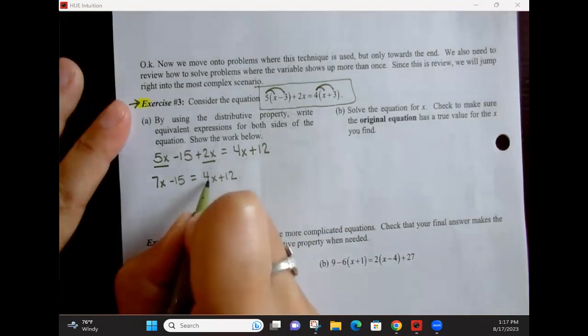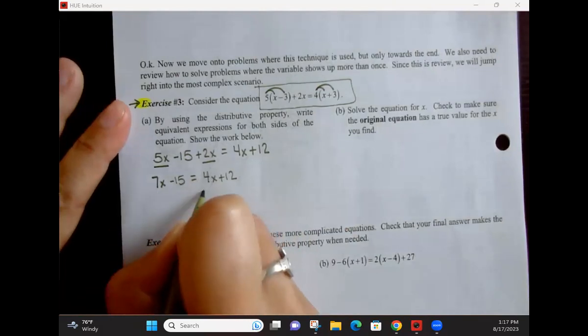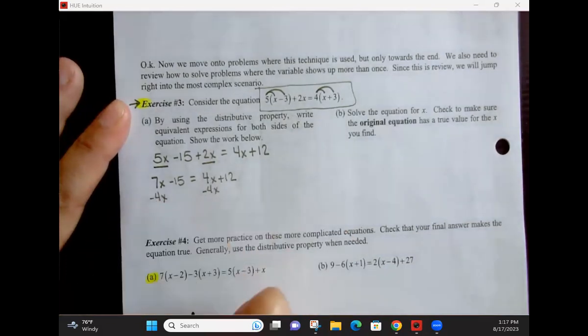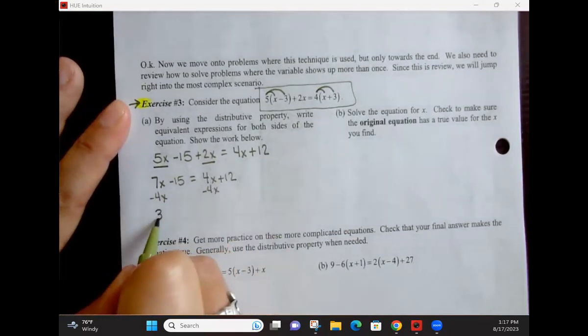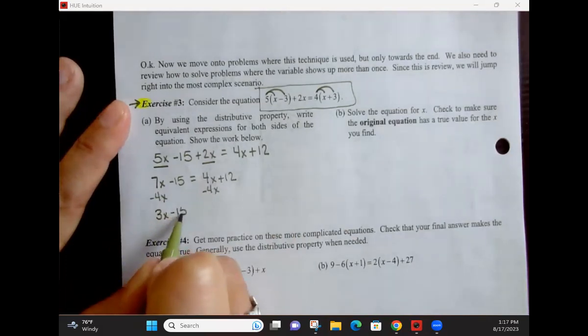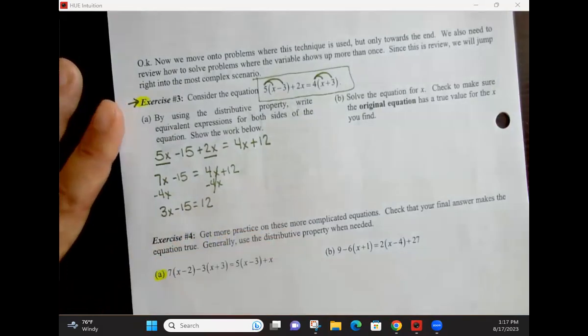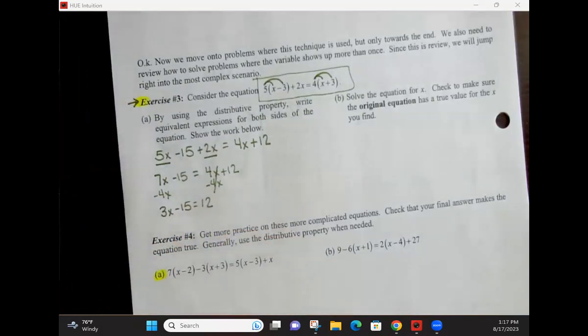So that means I am moving this guy over here. Since it's a positive 4x, I'm going to move it by subtracting. That would be 3x minus 15 equals 12. And now this looks like the problem that we did on the first page. So what's my next step from here?